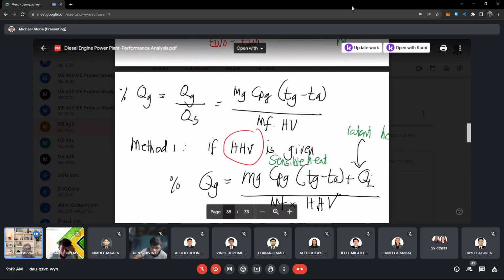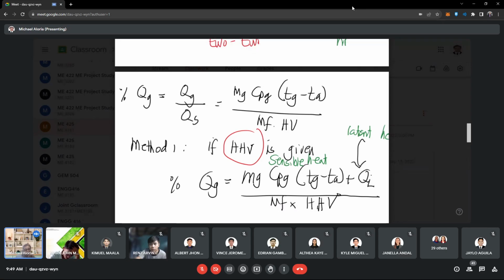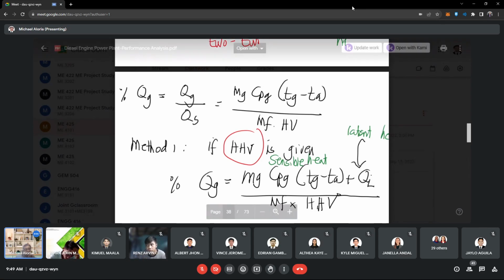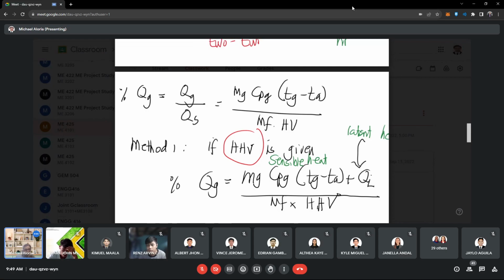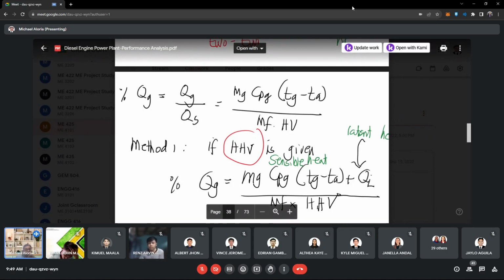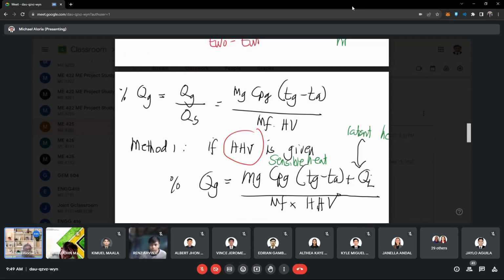The amount of heat required to raise the temperature without changing its phase. Latent heat, on the other hand, is the amount of heat required to raise the temperature with change of phase.